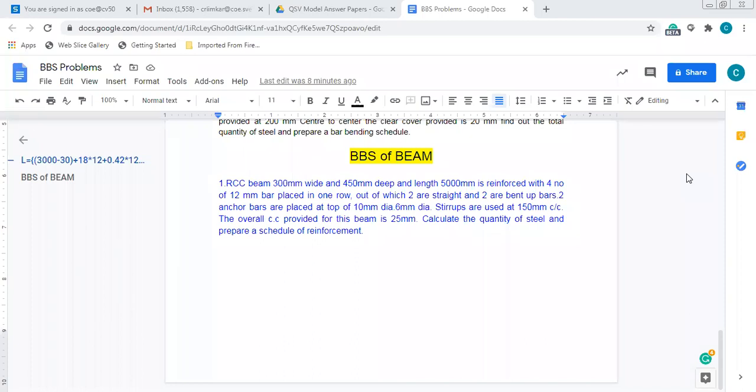What is next given? The two anchor bars are placed at the top. So at the top of the beam, you are having the two anchor bars, with diameter 10. Then 6 diameter stirrups are used to link your anchor bars with the bottom bars.